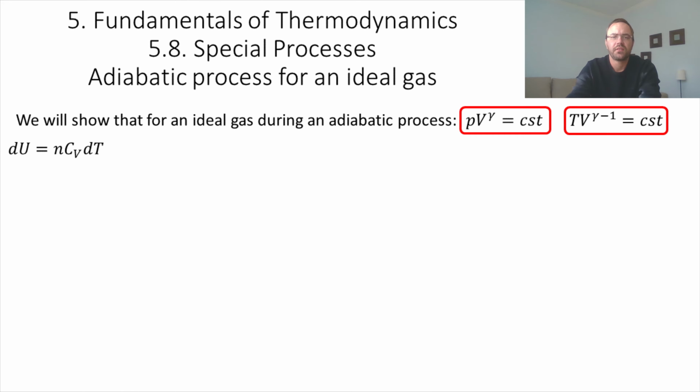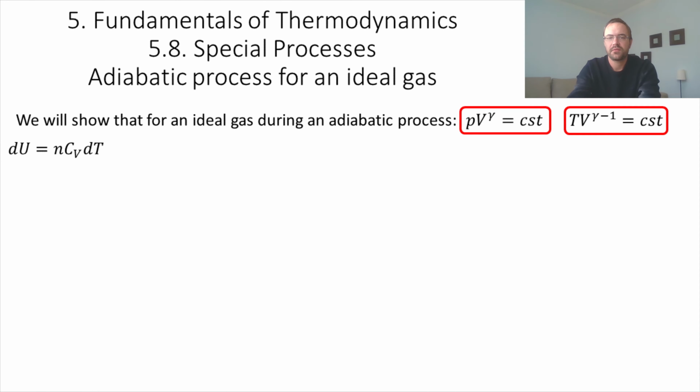This is the first important concept we use here. Remember that for an ideal gas, dU only depends on temperature. It does not depend on the process. And so that means that you can use any process which does the same temperature change to calculate dU. And so choosing an isochoric process is convenient because there is no work. And so you can simply write dU equal nCV dT.